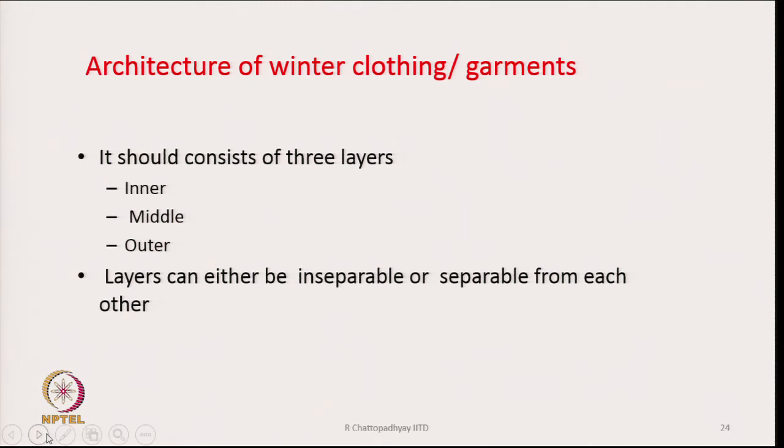So, we can have inner layer, middle layer and outer layer separable from each other. In some cases, the designer may think of putting all of them together also. So, both types of designs are possible. Options are there, depending upon situations, either we can make them separable or inseparable.